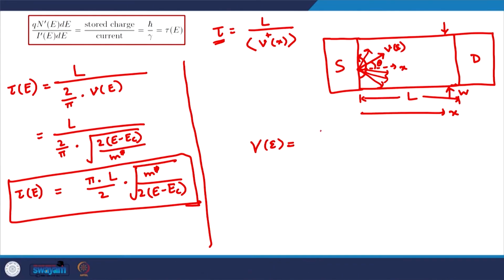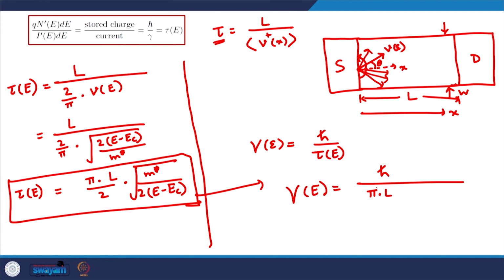So, gamma E is h bar by tau E, and if we put this expression for tau E here, the gamma E will be equal to h bar divided by pi times L into 2 into square root of 2 times E minus E c divided by m star.